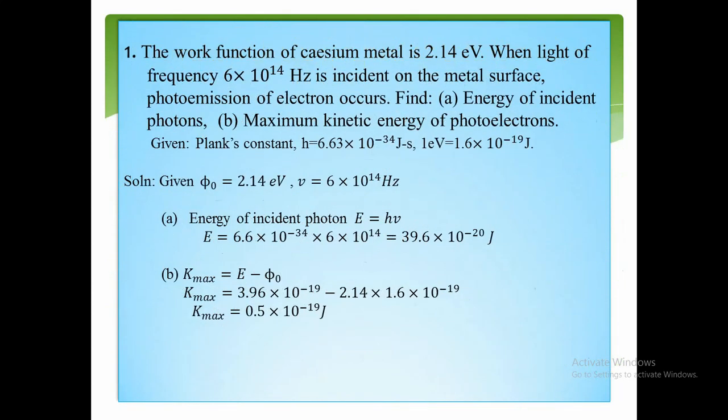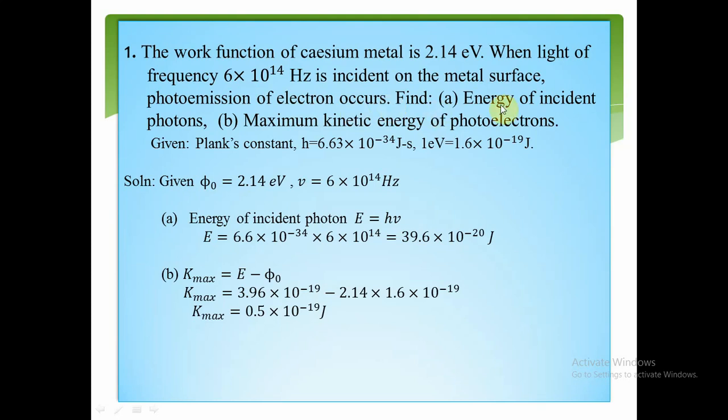Let's look at some numericals which appeared in a board exam in Karnataka. The first problem: the work function of a cesium metal is 2.14 electron volt. When light of frequency 6 into 10 raised to 14 hertz is incident on the metal surface, photoemission of photoelectrons occurs.